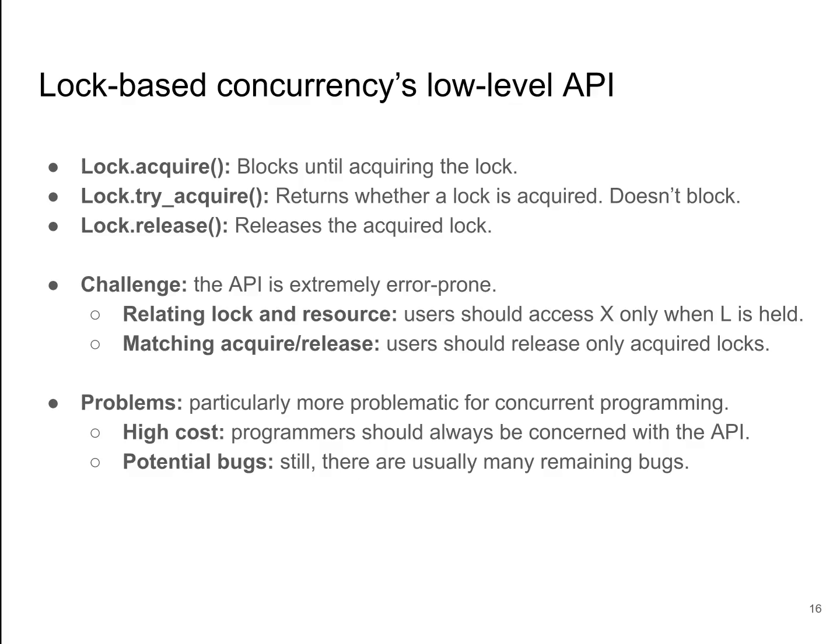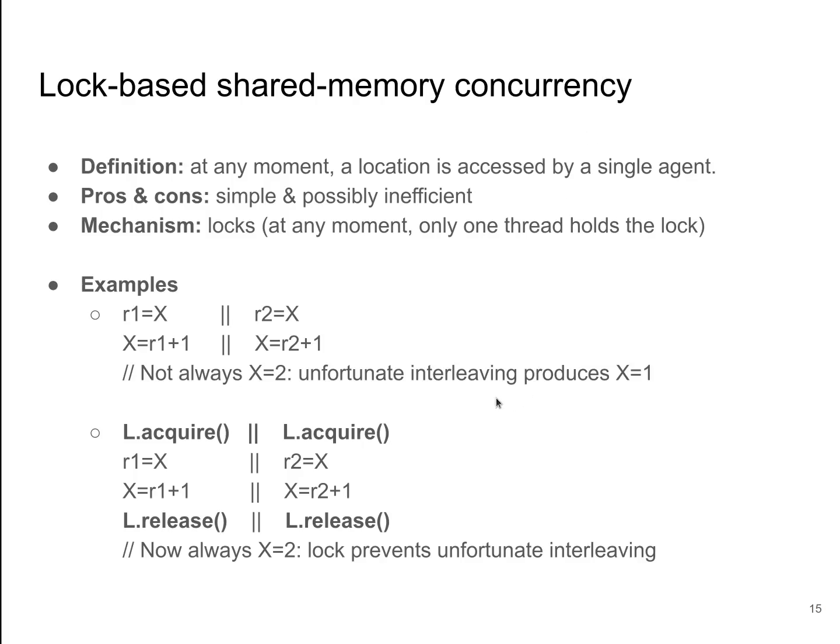But it is extremely error-prone for two reasons. The first reason is that it is somewhat coincidental, or somewhat lucky, to protect X using L. I mean, there is no explicit relation in the code between L and X. We, the programmers, just know that X is protected by L, and as a result, we can safely use X in this code.